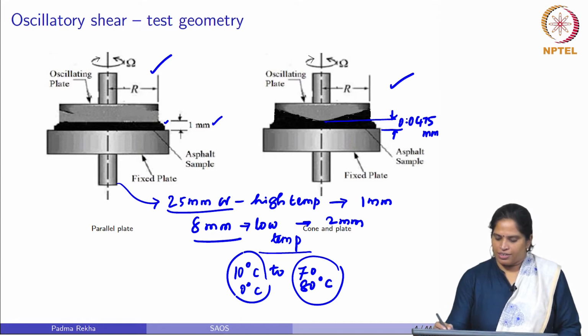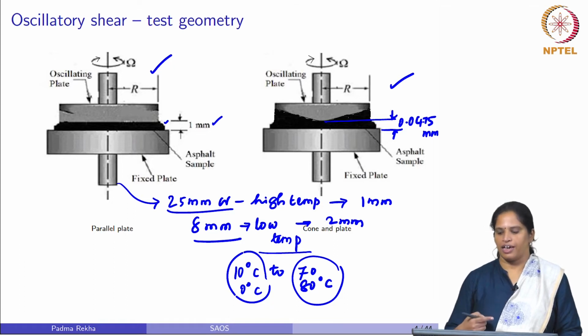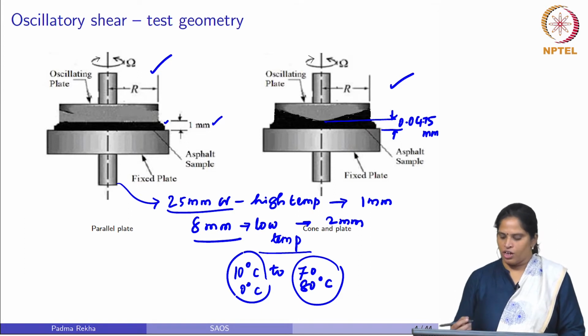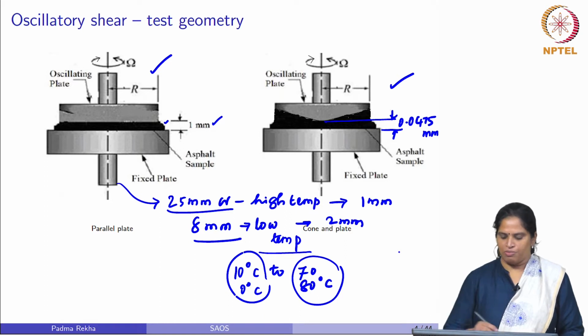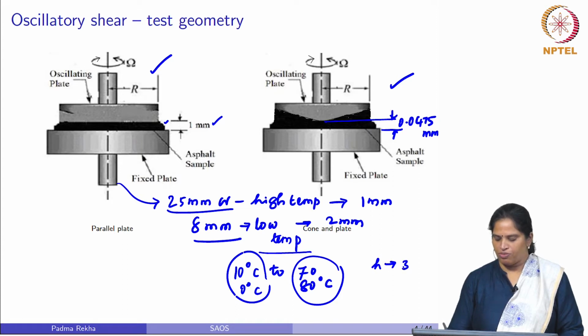This gap being very small, we cannot use it for testing a material that has a larger particle size distribution. For example, if you want to select a geometry based on the particle size, we keep the height of the sample to be a minimum of 3 times the size of a particle.